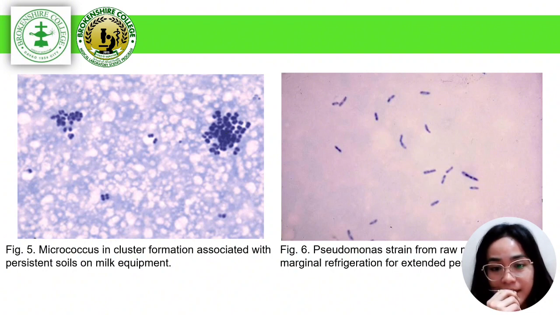Next, in figure 6, this figure represents a Pseudomonas strain isolated from raw milk that was stored at marginal refrigeration temperatures for an extended period. Improper storage conditions can promote bacterial growth, leading to potential spoilage and a decline in milk quality.